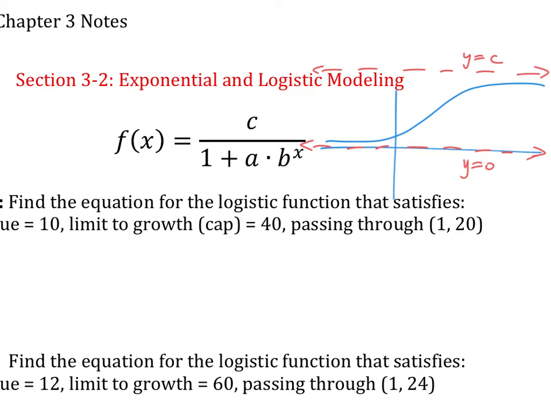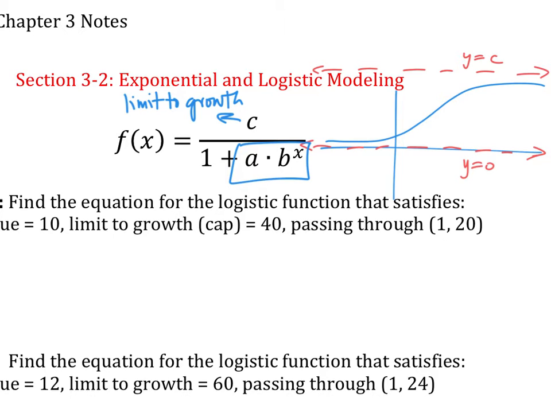That top, this C, is called a limit to growth. Why is it called a limit to growth? If you think about an exponential function, it just expands forever, right?